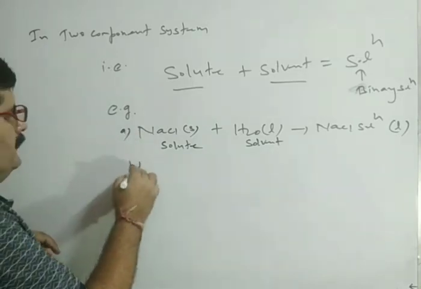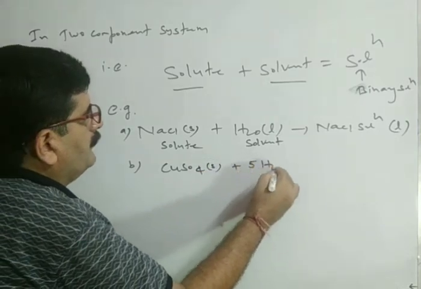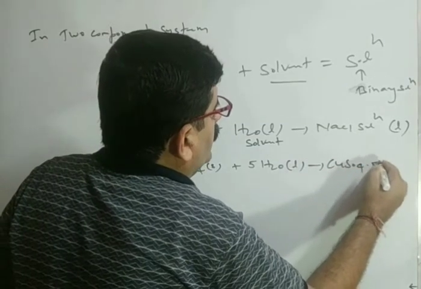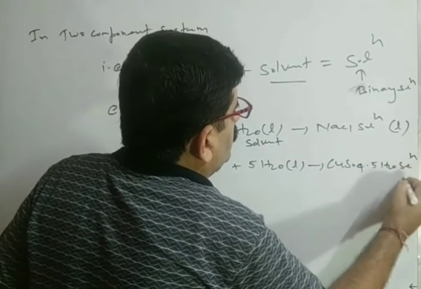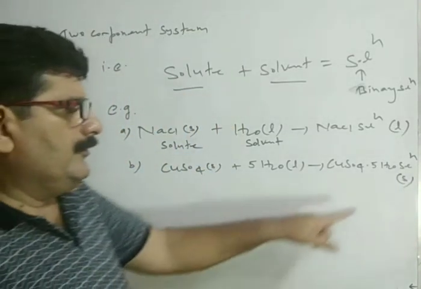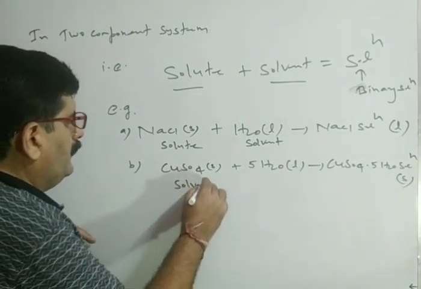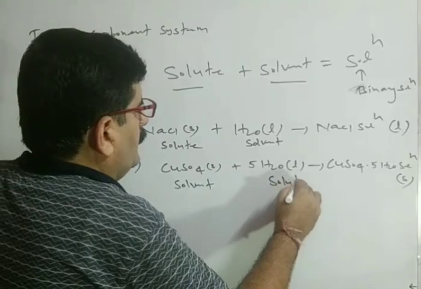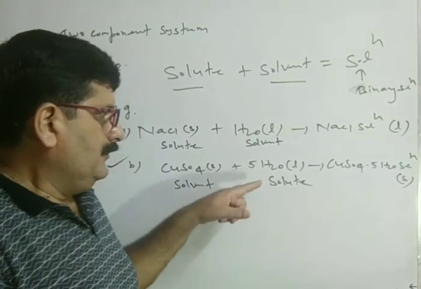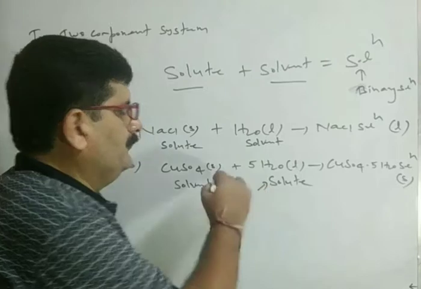If we take CuSO4 solid plus 5H2O liquid gives CuSO4·5H2O solution. This is again solid. The component CuSO4 is similar to that of solution, so it is called solvent, and this is known as solute. So this is a very interesting example. In this solution, water is treated like solute.